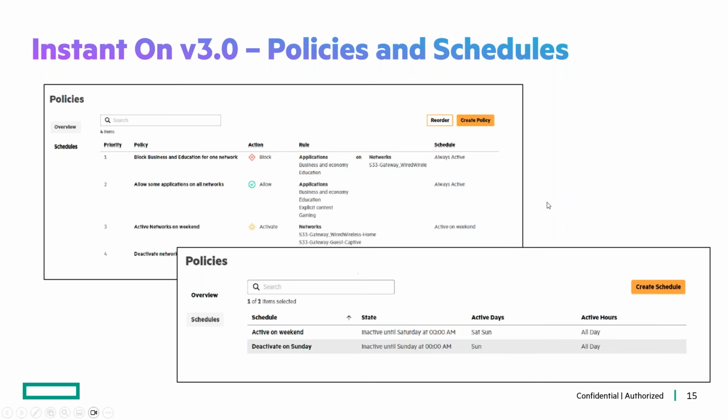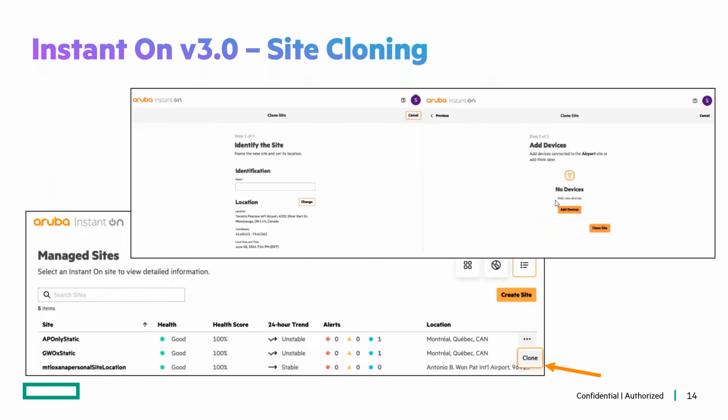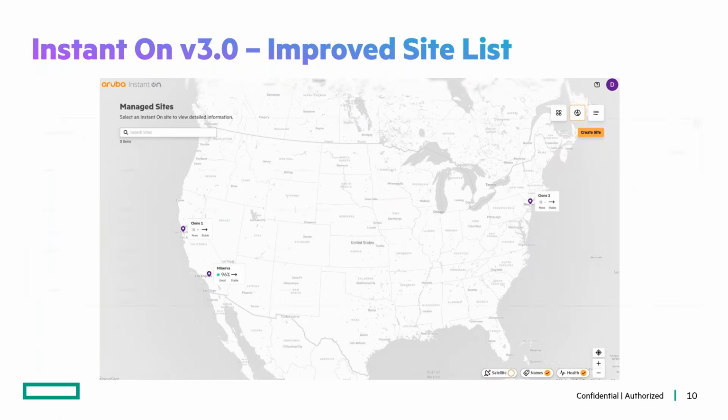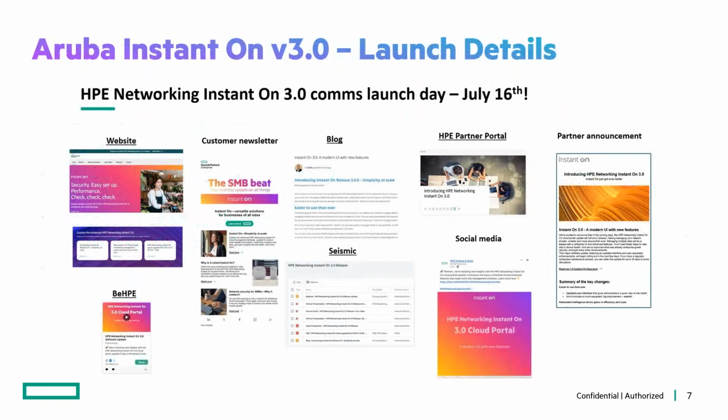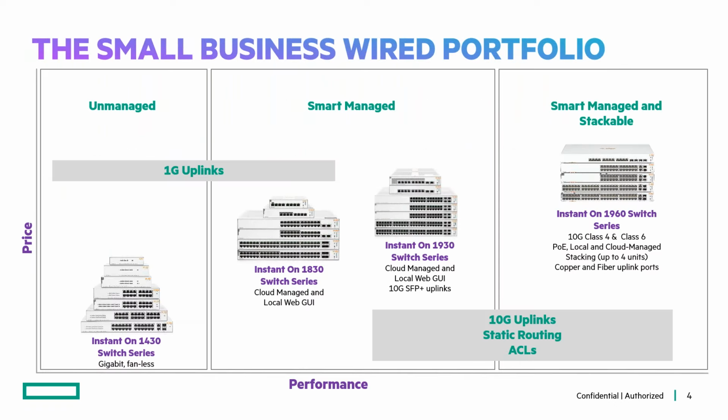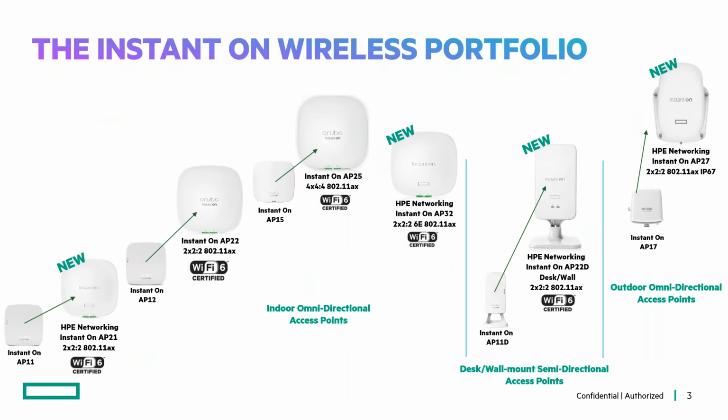I can go back to the screen here that shows all of our access points. Right, so the AP11 is 2x2. We also have the AP21, which is our Wi-Fi 6 version of the 2x2. So I would say that if you're looking towards an AP11, you may want to look towards an AP21 too for more future proofing if you're interested in Wi-Fi 6.